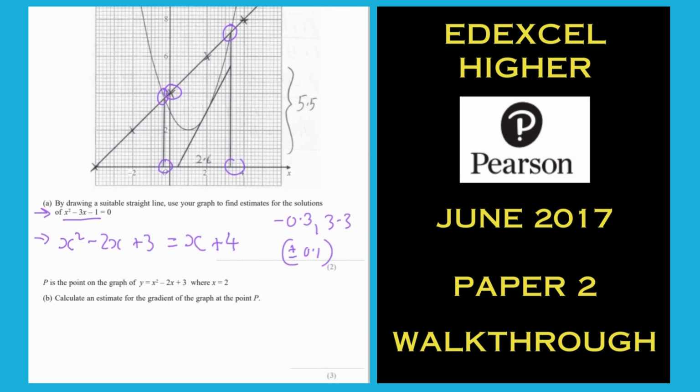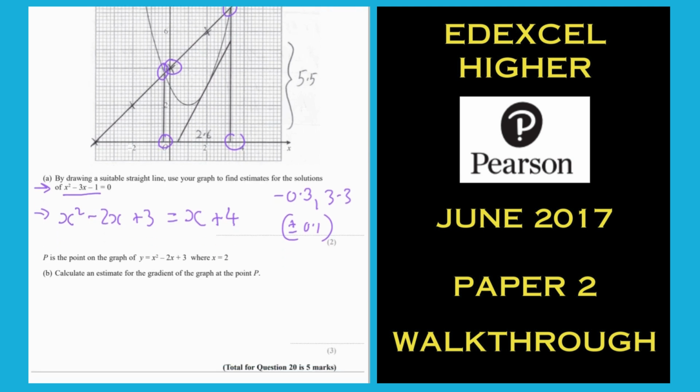Then they say estimate the gradient. So as you can see, this is how I've done it properly on my model answers. So again, check them out if you want to see exactly how I set these out. But as you can see, draw your tangent on, try not to go inside the curve, try and make it a fairly good sized triangle, not too small.